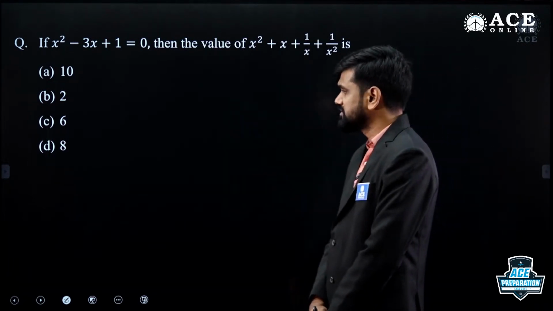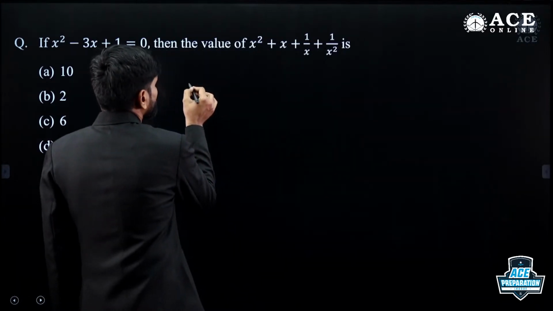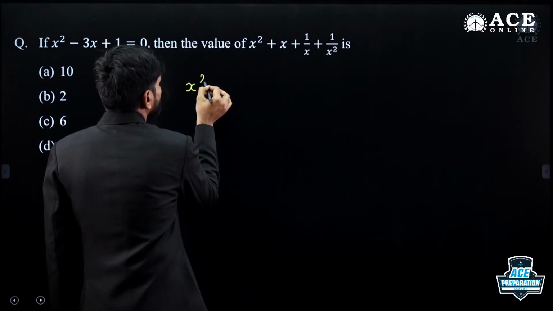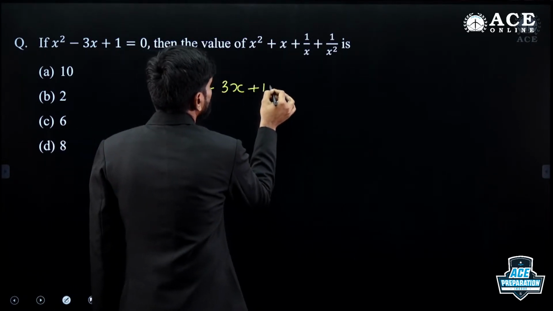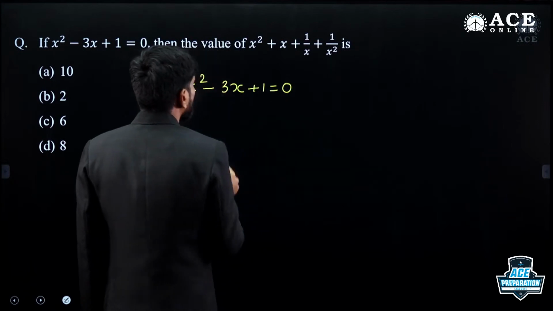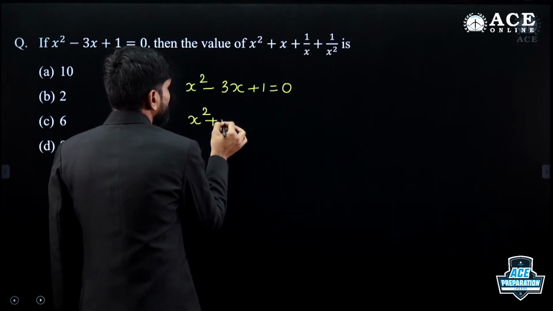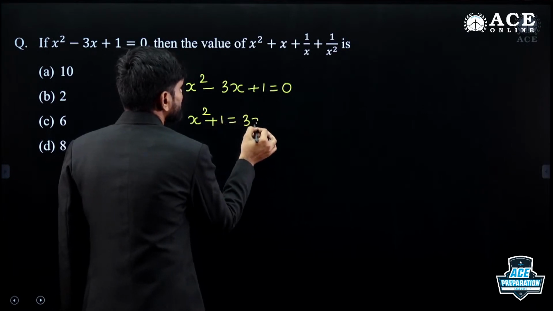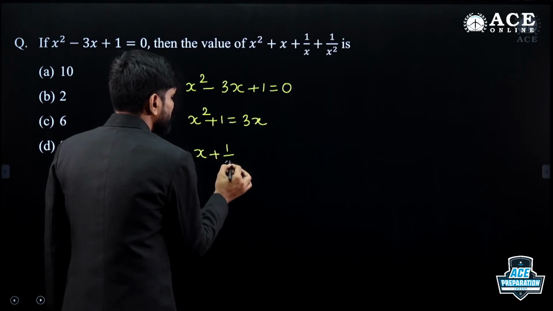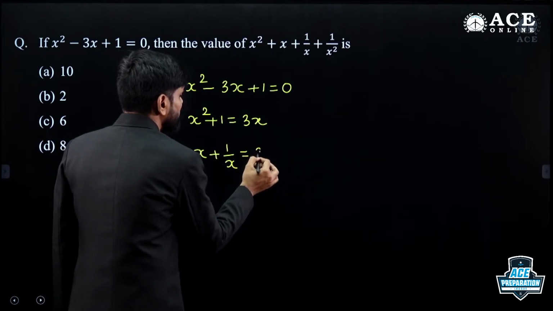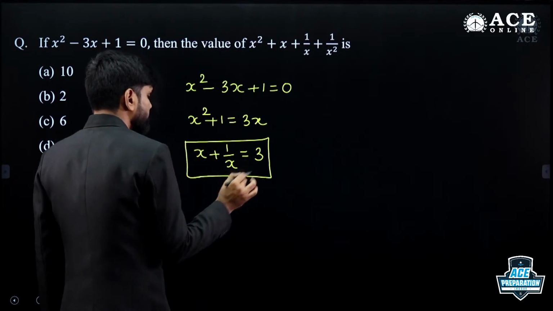From x square minus 3x plus 1 equal to 0 you can get x square plus 1 equal to 3x. If you divide both the sides with x, that will give you x plus 1 by x equal to 3.